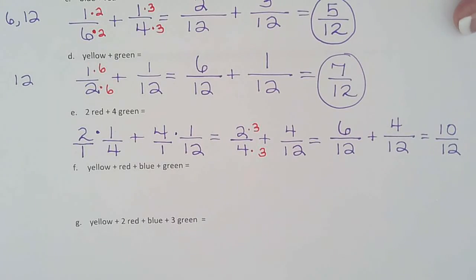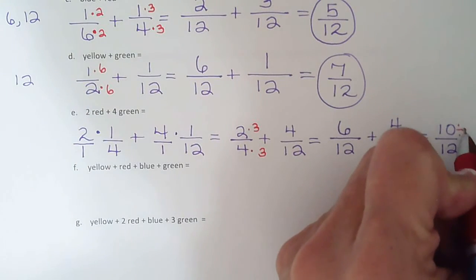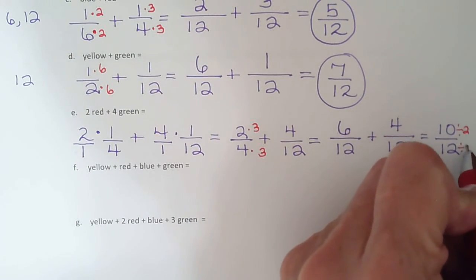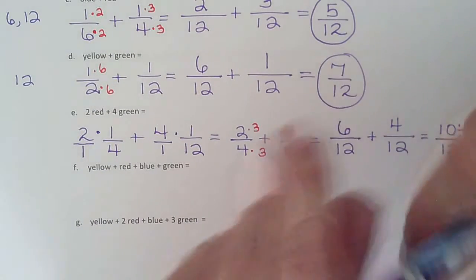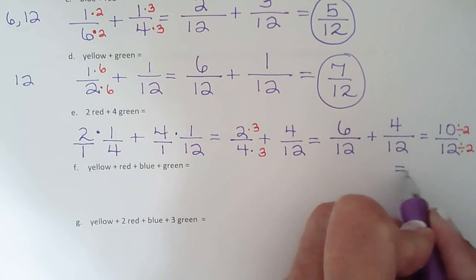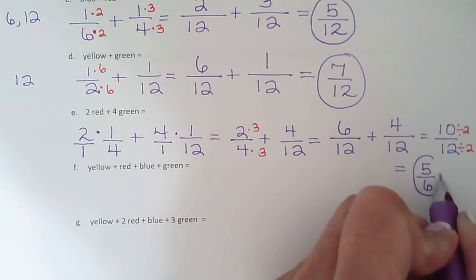Are they both even? If the answer is yes, then you start with 2. And the answer is yes, they're both even. So any number that ends in 0, 2, 4, 6, or 8 gets simplified using 2. And this is 5/6 when it's simplified.